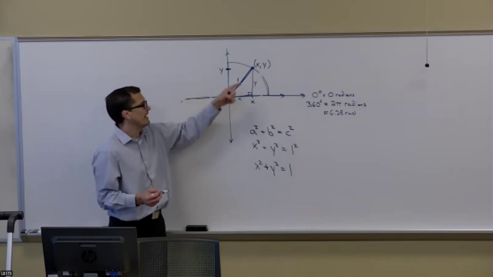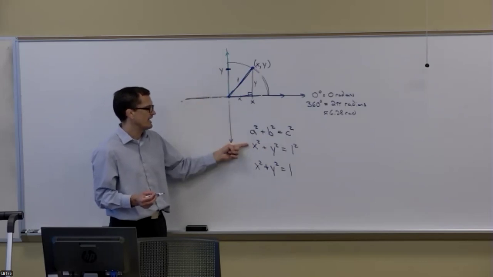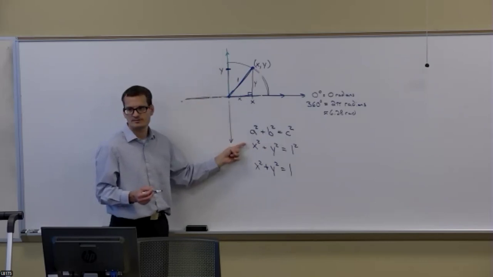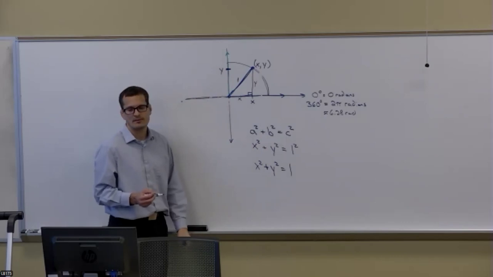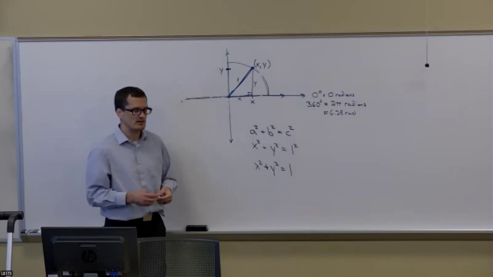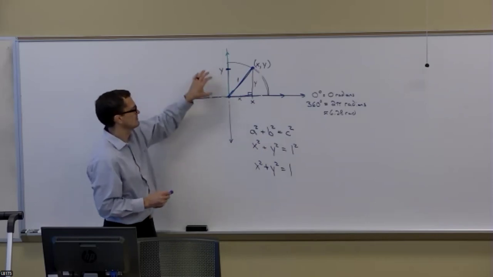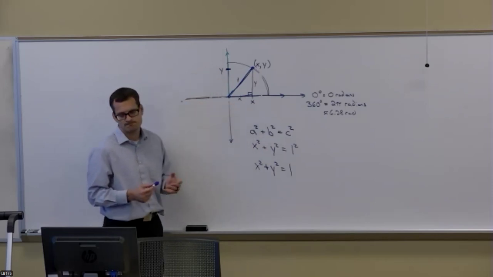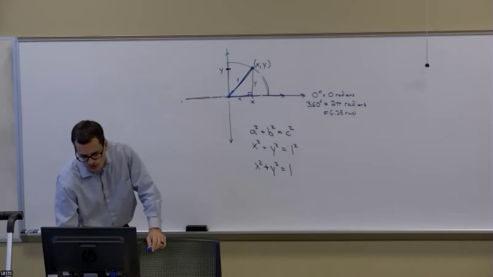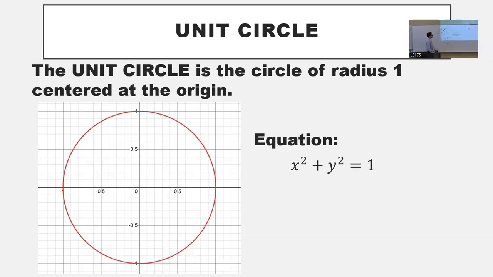But no matter what point on the unit circle we have, it has to satisfy that equation, even when the x and y values are negative, like in the other quadrants. So that's why the unit circle has the equation it does: x squared plus y squared is equal to 1.